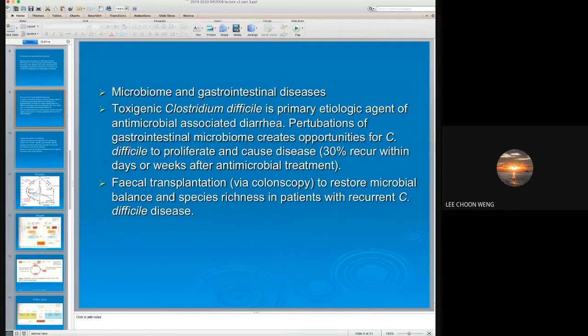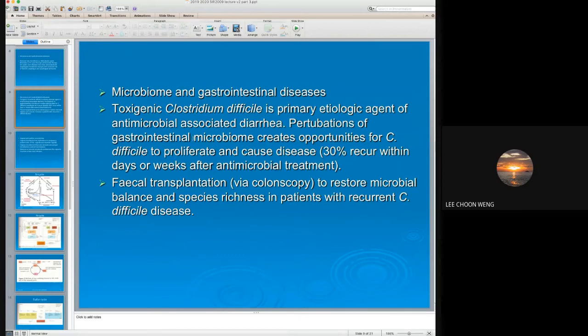When the other microbiome is removed through antimicrobial treatment, this creates an opportunity for Clostridium difficile to proliferate, and this causes disease. And it reoccurs within days and weeks.